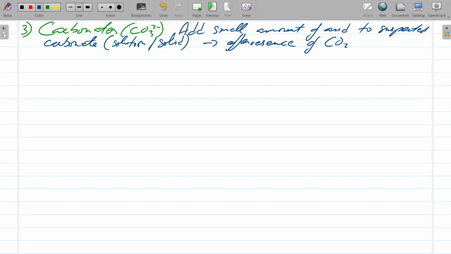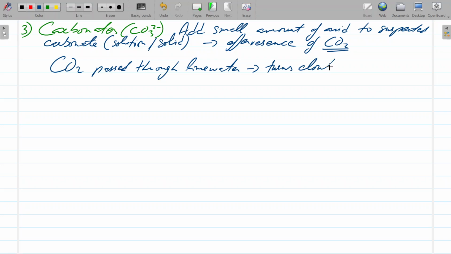Right, and if it is carbon dioxide gas, you can pass it through lime water, and it will turn cloudy or milky. Right, why? Because it's forming insoluble calcium carbonate.